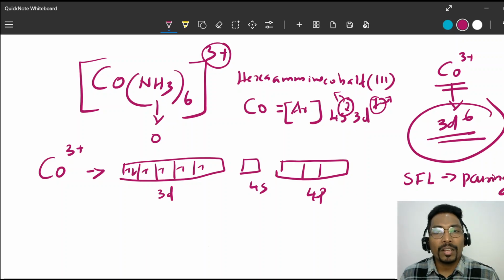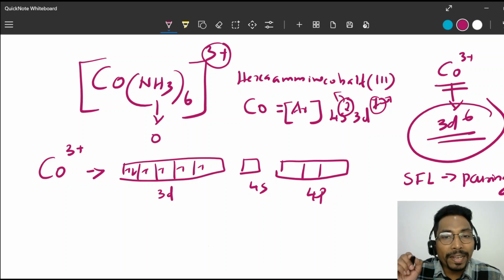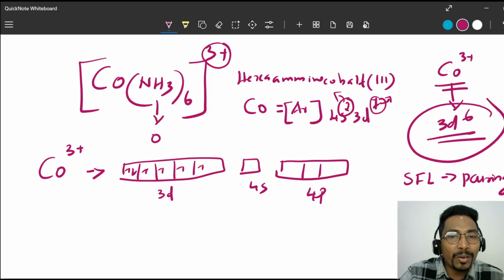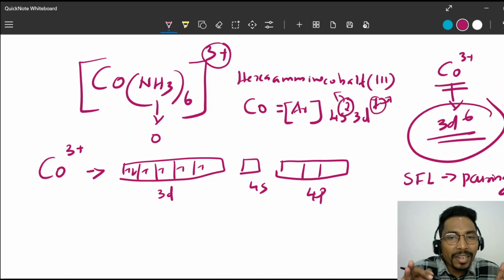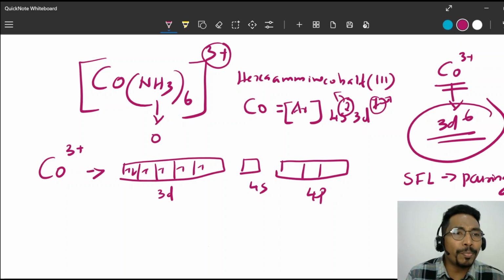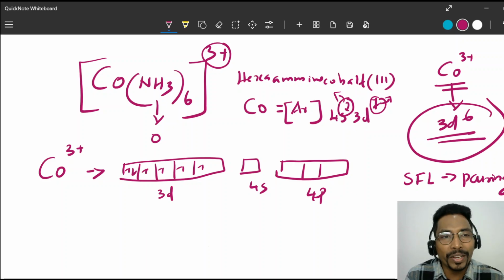Induce pairing means that when the ligand approaches the central metal atom, the unpaired electrons will get paired. If it is a weak field ligand, pairing will not happen. Ammonia is a strong field ligand, so definitely pairing will happen.